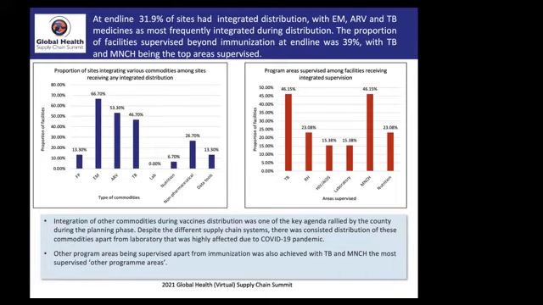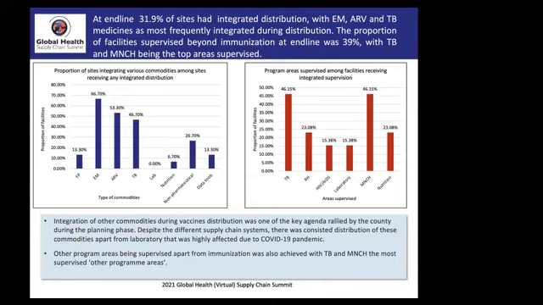On the other area, part of why we had integrated teams was to offer wholesome supervision and mentorship to these facilities at one given point in time. And if you look at the areas that got supervised, we also see that tuberculosis took the day, and maternal child health. And by default, maternal child health did perform well because vaccines fall under the maternal child department.